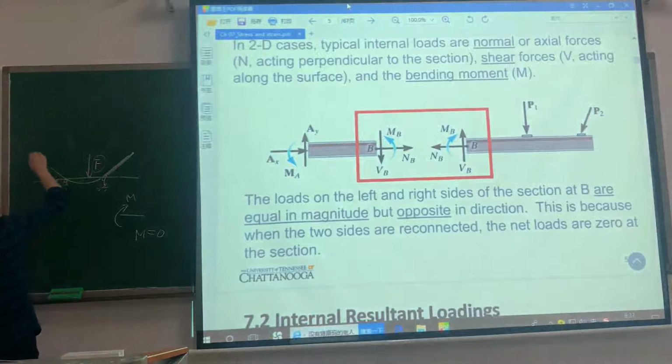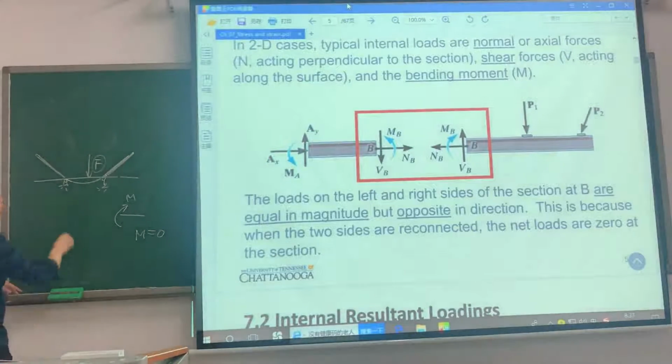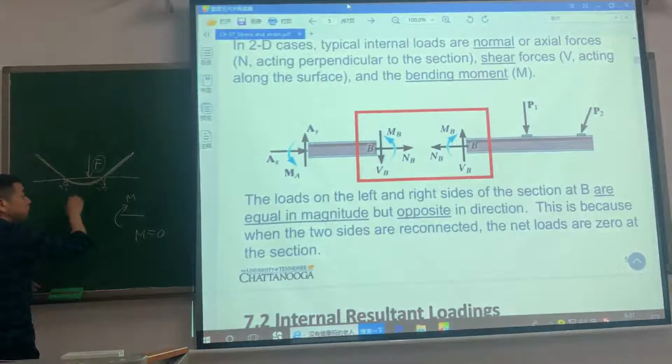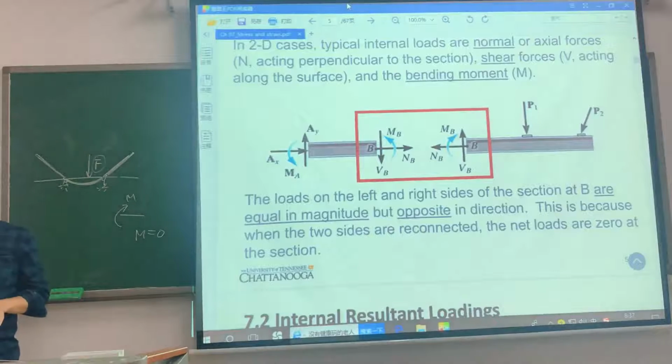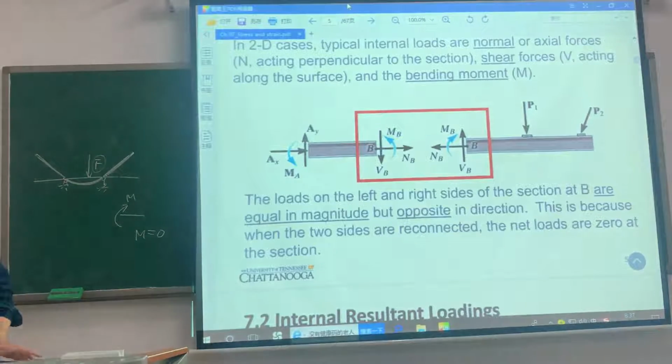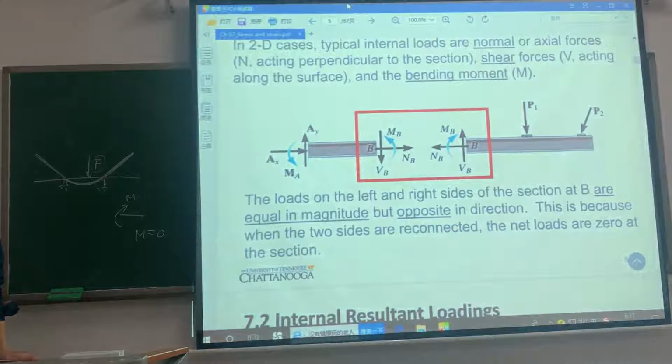Also, this part is a straight line. But for the mid part, it's a curve. Understand?